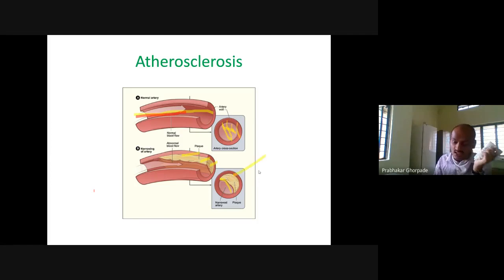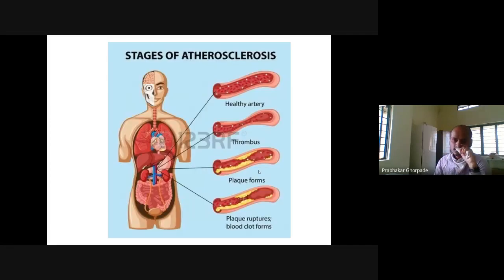Okay, so this is atherosclerosis, and the stages of atherosclerosis can be a healthy artery, then it can get thrombus formation. If you are getting a thrombus in some of the body locations, then you can have damage to that particular organ. There can be plaque formation, flakes rupture, and blood clots form. Some viral diseases cause thrombus.